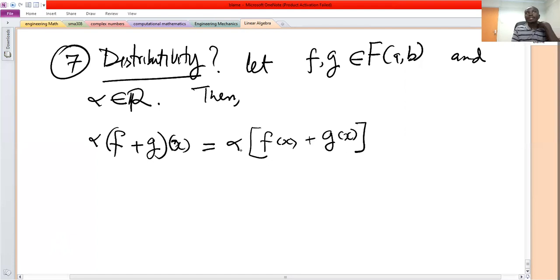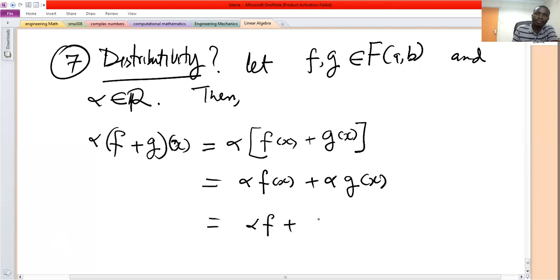And since distributivity holds in R, this is the same as alpha f of x plus alpha g of x, which is the same thing as writing alpha f plus alpha g of x.